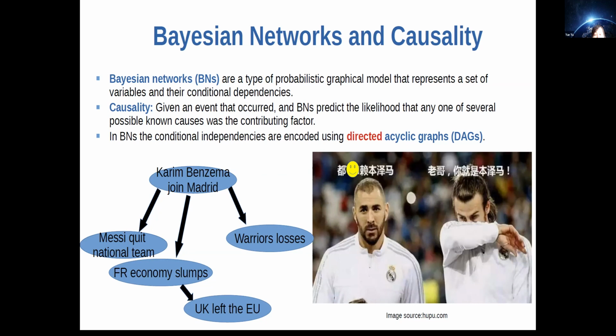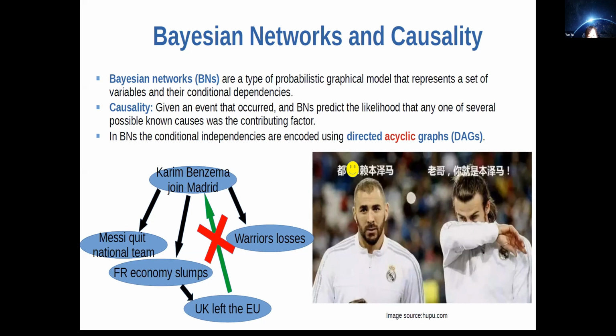So that's the first property associated with Bayesian networks and the graph underneath: it has directed edges. The second one is, we know that Benzema joined Real Madrid first, then the French economy slumps, and then the UK left the EU, right?